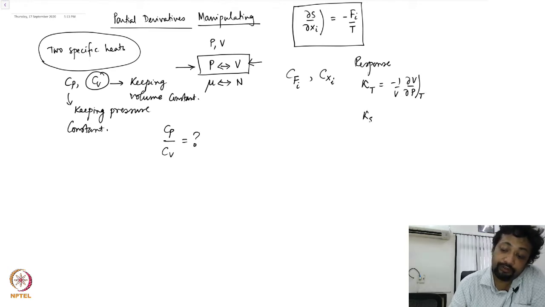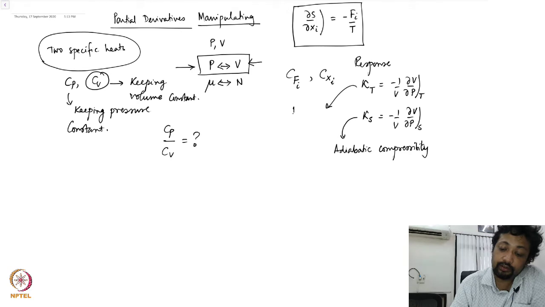One can also define the same compressibility in which case entropy is held constant. This quantity is called adiabatic compressibility, and this is called isothermal compressibility.